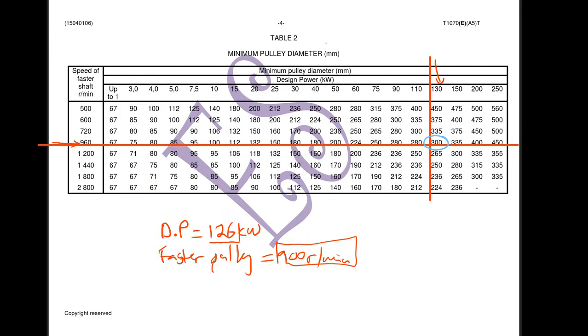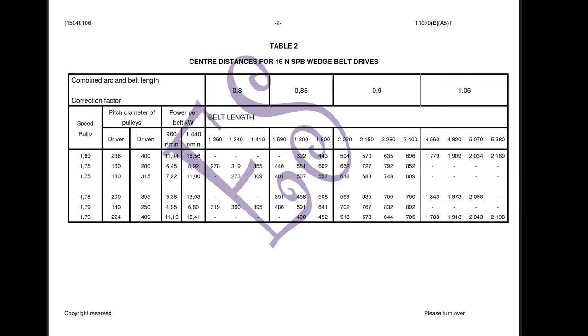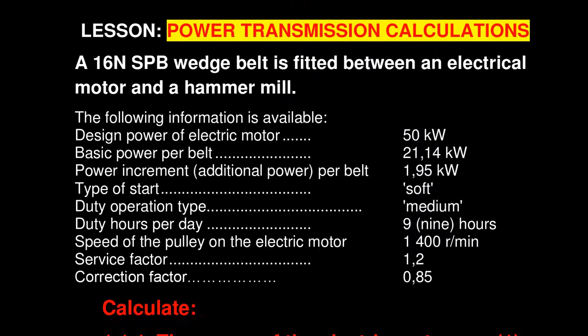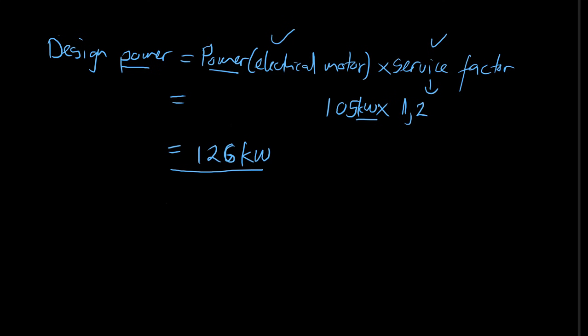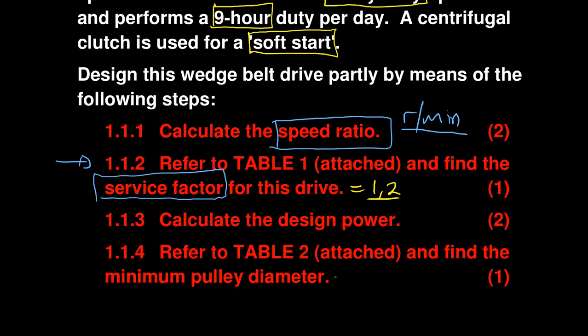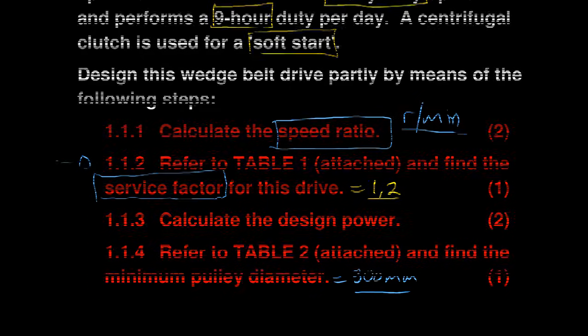And the key thing, also look at the units. The minimum pulley diameter is measured in millimeters, so the answer is 300 millimeters after using the table. So when you write your answer, you say the minimum pulley diameter is equal to 300 millimeters. So that is how you use the information given to find the minimum pulley diameter. That's how this calculation works.